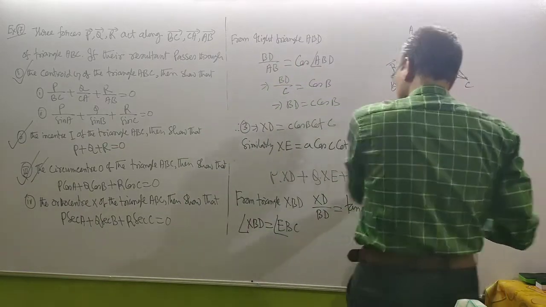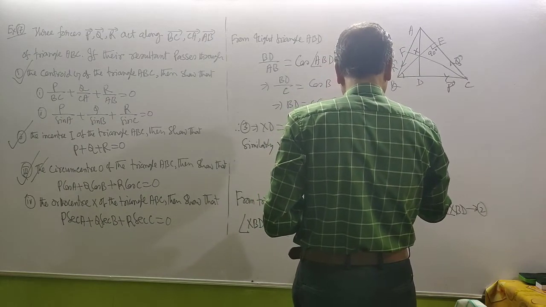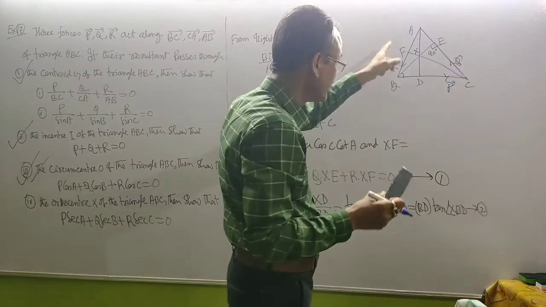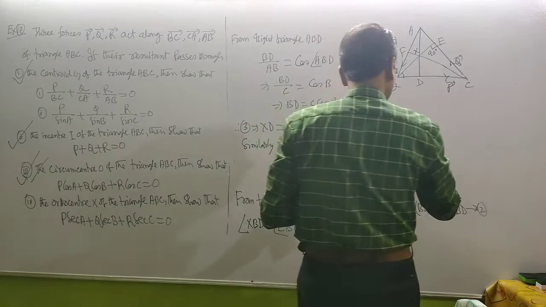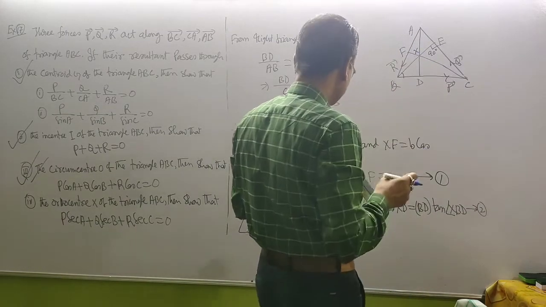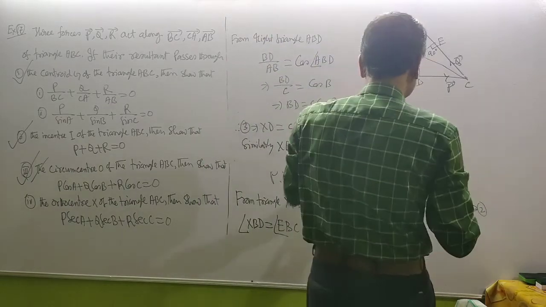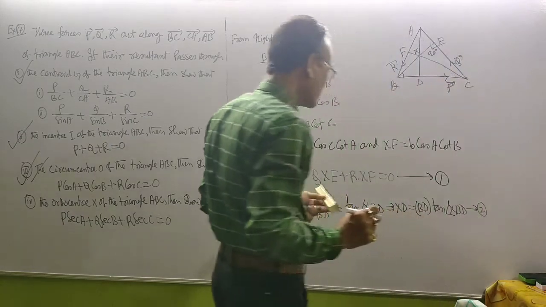And XF is equal to b cos A cot B, where the side AC is equal to b.